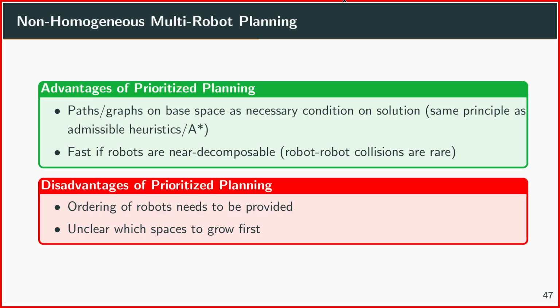Yes. Is it complete? I don't know if you talk about that, but I think it's not, right? Yeah, so if you just have a path for one robot and use it as a constraint, then it's not complete. But if you continue planning for the first robot too, growing a roadmap for this robot and sampling it, then you can make it complete.